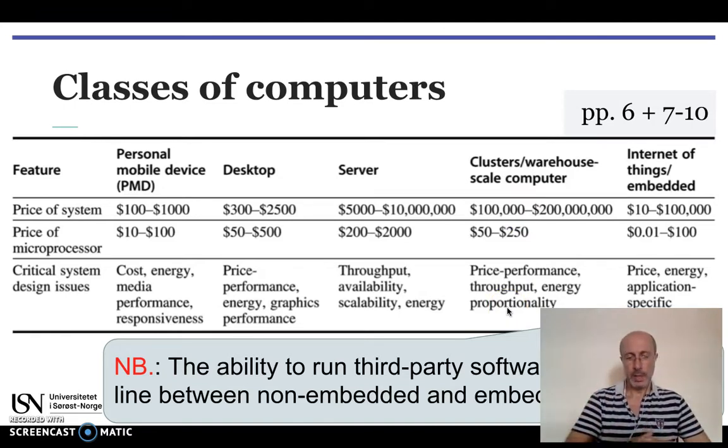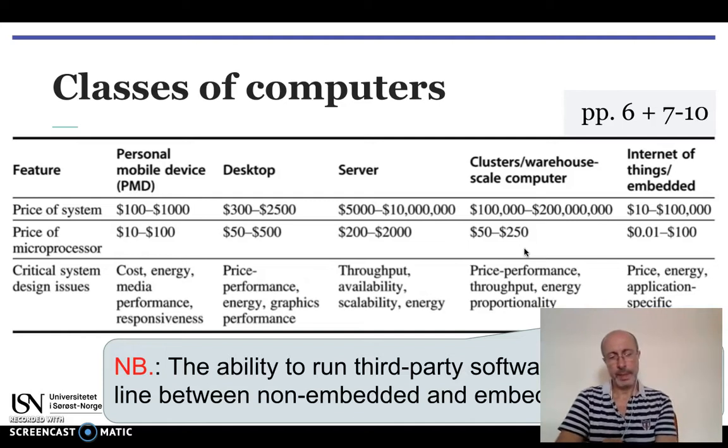The Google Translate service that lets you use your cell phone camera to translate in real time a sign written in any of the 90 languages supported is one example that runs in a warehouse-scale computer. And of course, throughput is a key feature in this case, since many thousands of people may be using this service at any given time.